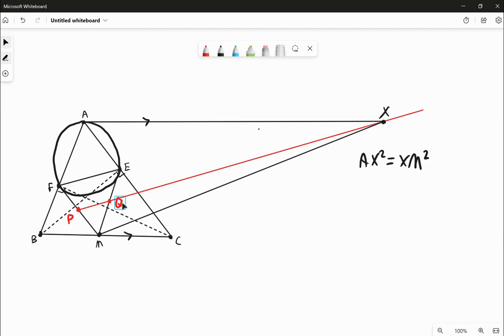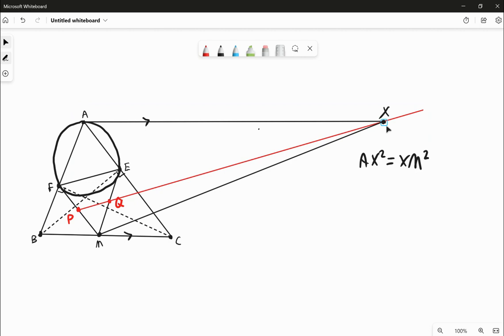Recall from my last video that the radical axis is just the line where all the powers are the same, and it's a line as I showed in the last video. So given this, we want to find another circle that has a radical axis. This has a radical axis, this red line, and then it has its other pair circle, the circumcircle of AEF.